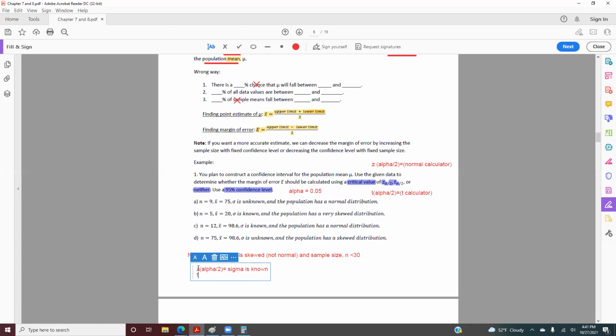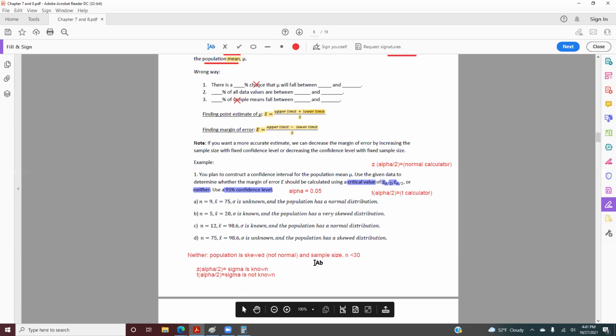And if you're using T alpha over 2, this is where sigma is not known. So usually we'll check for this condition first. If the population is skewed and the sample size is small, if that condition is fulfilled, then it is neither. Otherwise, it is Z or T, depending on your sigma.